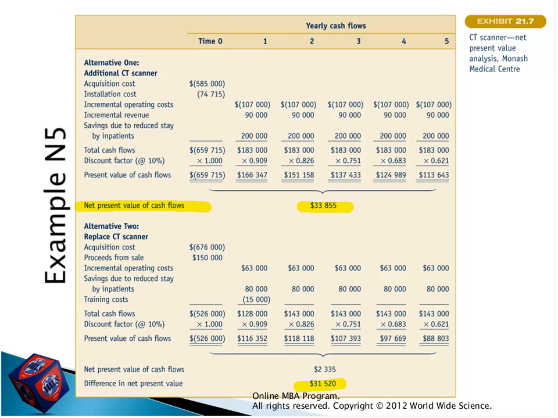Yeah, these two figures must be changed. It's okay, never mind. For the second project, there are some mistakes about the net present value, and it must be more than that. Let's see the calculations.